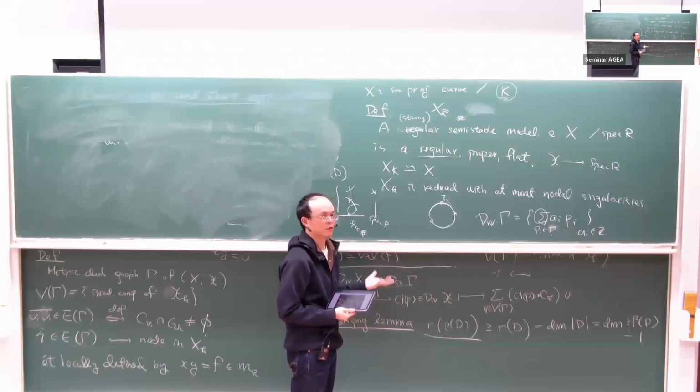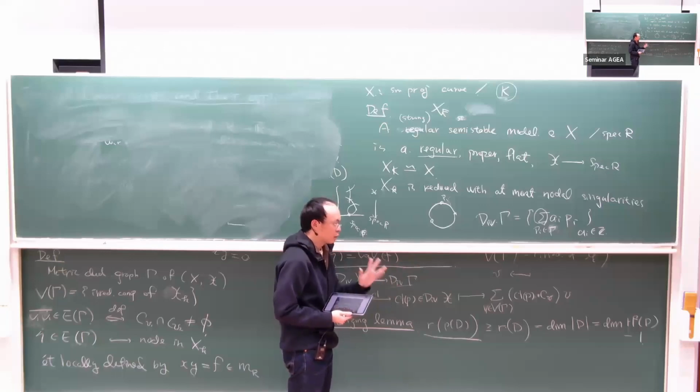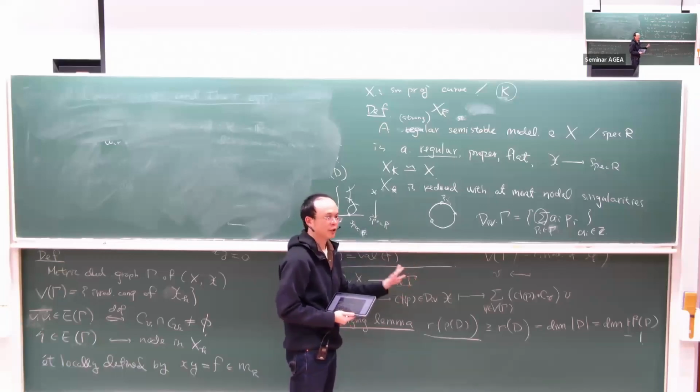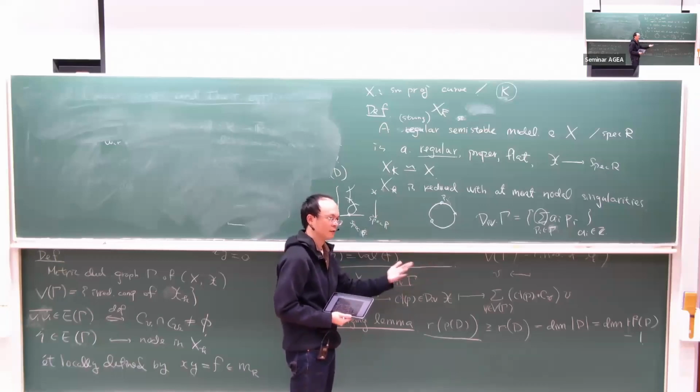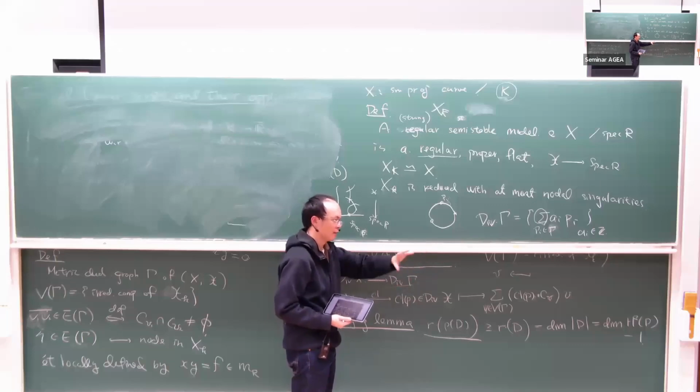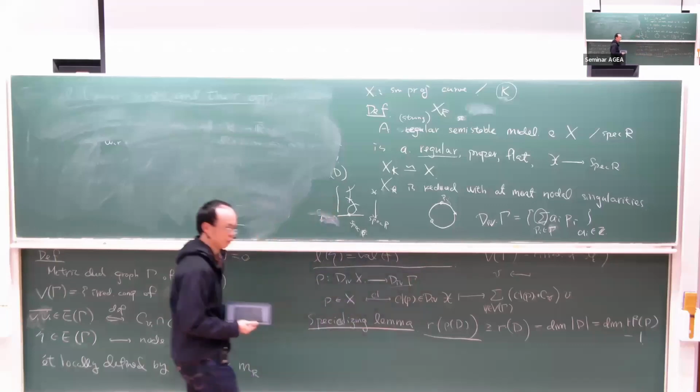We can still talk about linear equivalence on a general graph without metric, but then the divisor group means the formal sum of vertices, so you cannot take points on an edge. Since ours is a metric graph, we allow the divisor group to be the formal sum of any points on it.